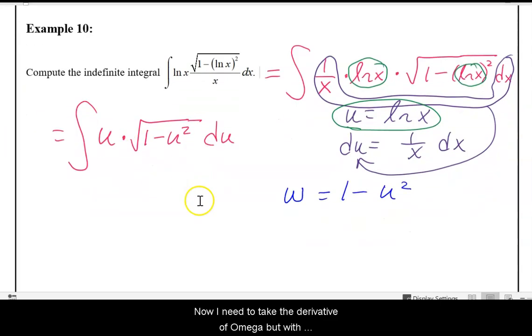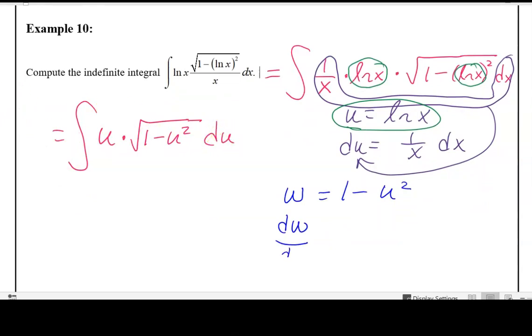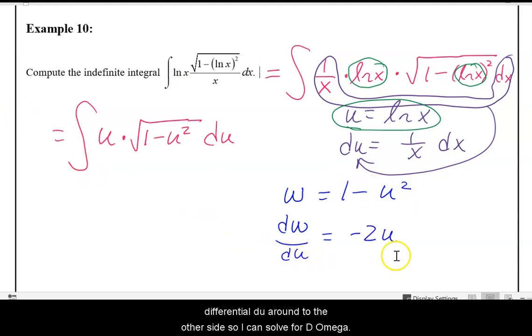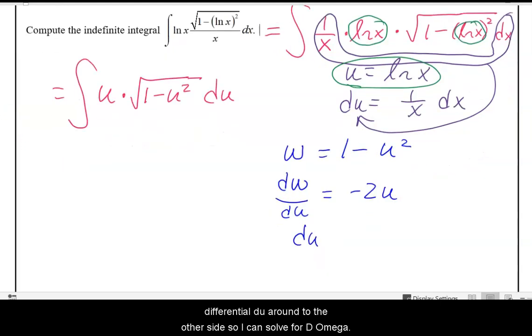Now I need to take the derivative of omega, but with respect to u, since that was the previous differential. This will give me the derivative of 1 being 0, negative 2u. Now I can abuse the notation and swing the differential du around to the other side so I can solve for d omega.